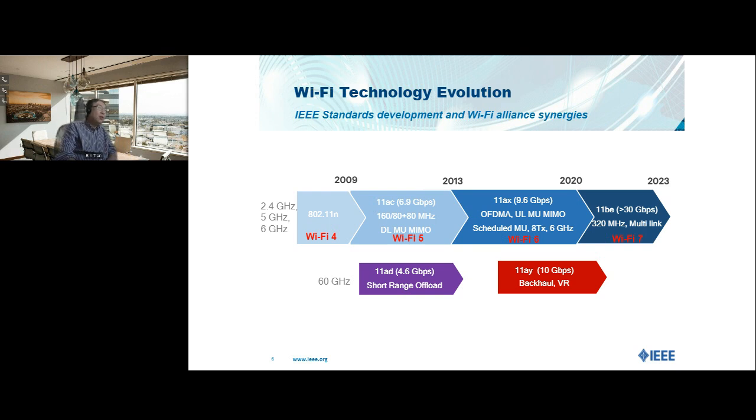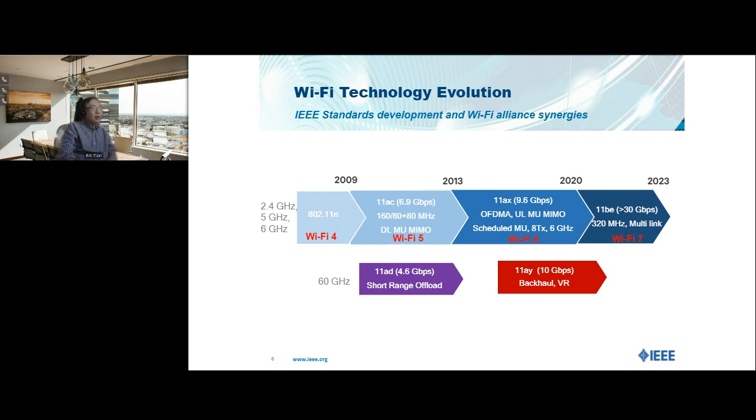By the way, these are just the main amendments we mention here. There are a lot of other things we didn't mention because of time and space limits. One of them, for example, is 11ah, which is targeted at sub-1 GHz and a lot of IoT applications.